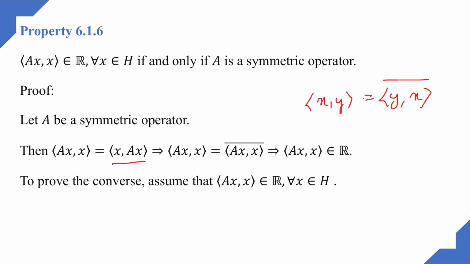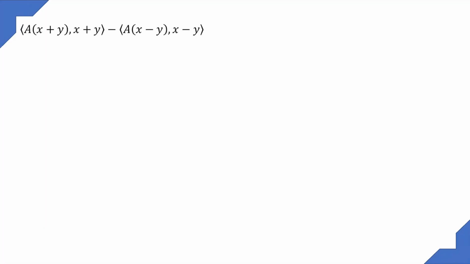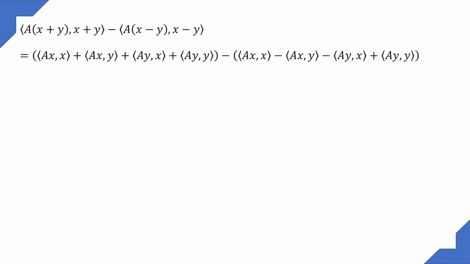To prove this, we are assuming that inner product AXX is in R for every x element of H. Okay, then inner product of A of x plus y minus inner product A of x minus y, if we expand it, we get inner product AXX plus inner product AXY plus inner product AYX plus inner product AYY, minus, expanding the second term, inner product AXX minus inner product AXY minus inner product AYX plus inner product AYY.